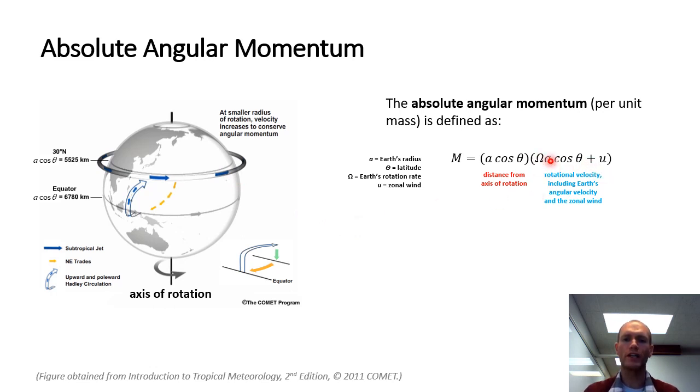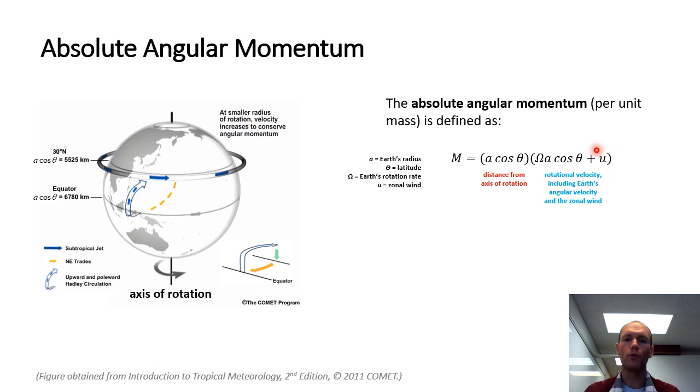This other term is the rotational velocity, and it includes two components. This omega times a times cosine of theta is Earth's angular velocity, and it too depends upon the radius of the Earth and the latitude, where this omega here is Earth's rotation rate, 7.292 times 10 to the minus 5th radians per second.